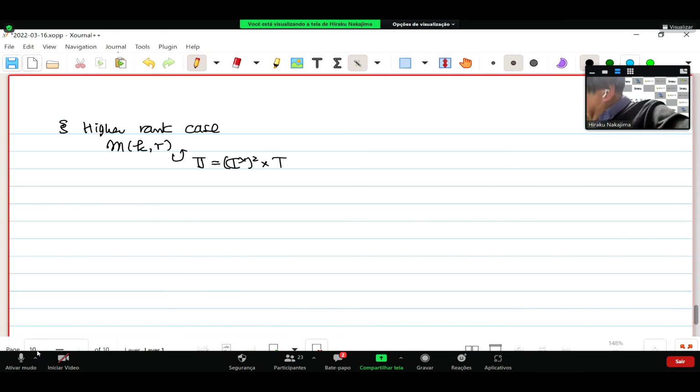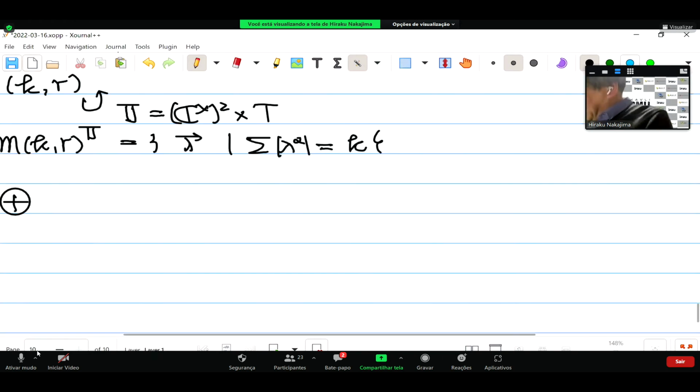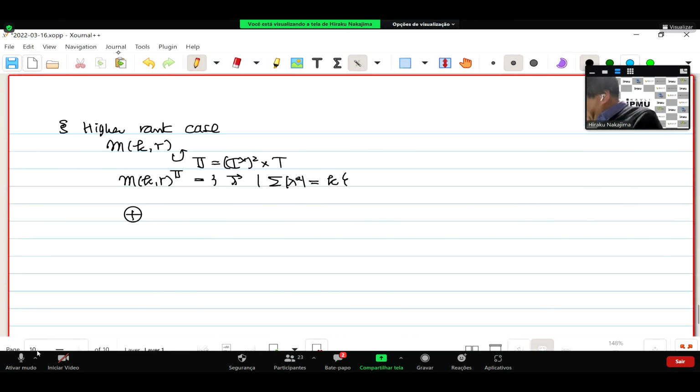Then I mentioned that the M(K,R) T-fixed point set is isolated. At least, as in the case of the Hilbert scheme of points, let us first calculate the size of this equivariant cohomology by localization.